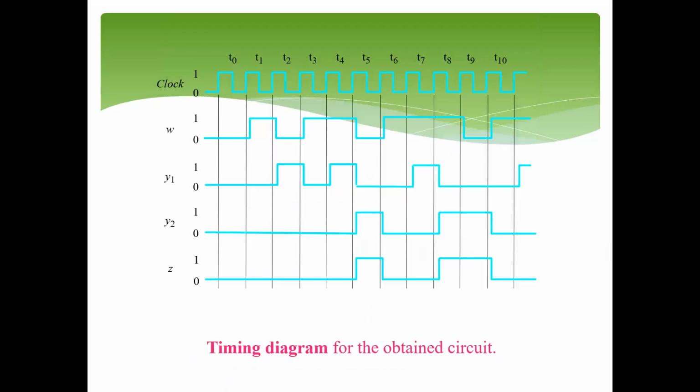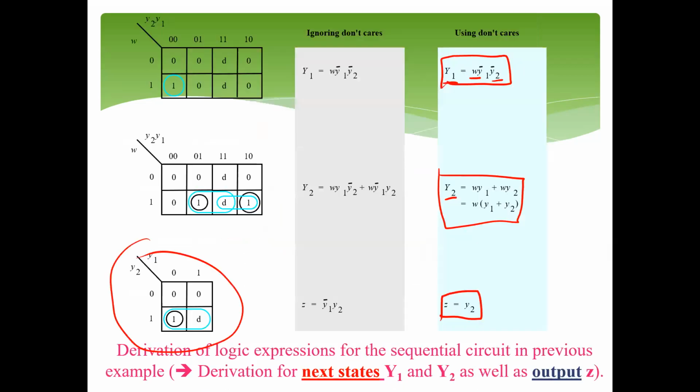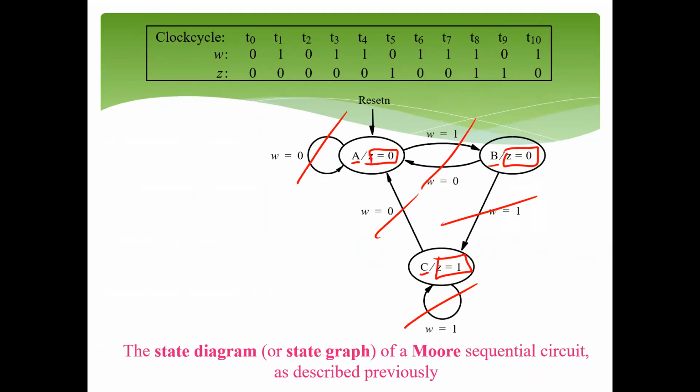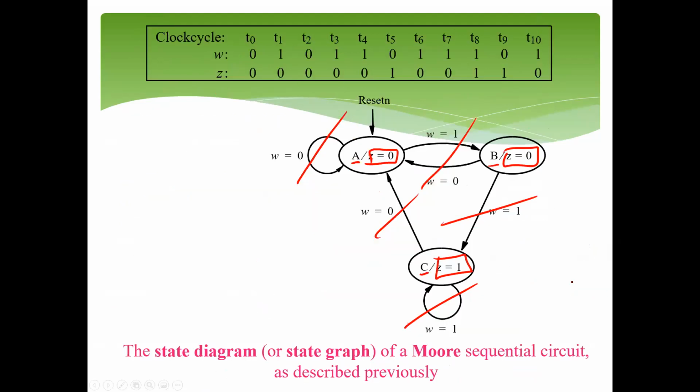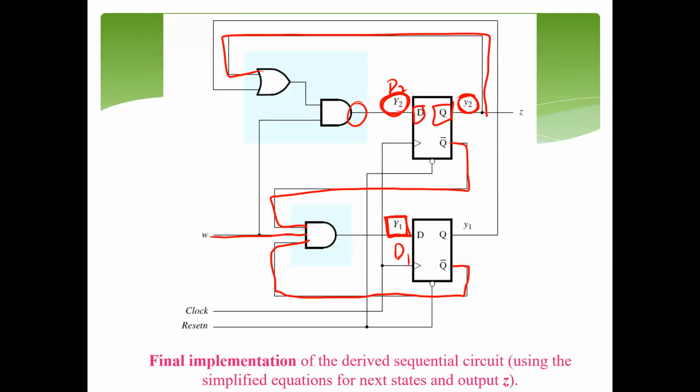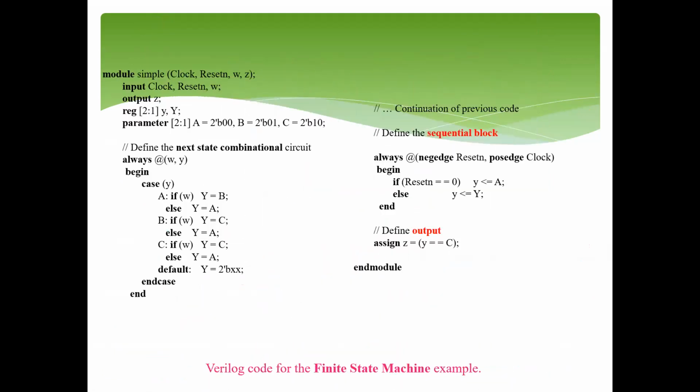Okay, since we have this timing diagram, it is just simulating the same example we had here. I think this is simulating this one. That's going to be easy to follow, so we'll jump to the code.